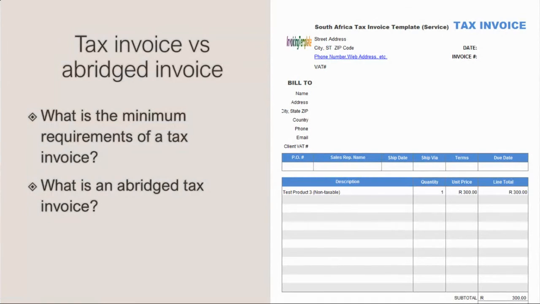An abridged tax invoice would, for example, be if you take a cash slip. Now, a cash slip does not have your details on there when you receive it. It does not have your VAT number on there. Is that correct? When you receive a cash slip at the shops, does it have your buyer information on there?